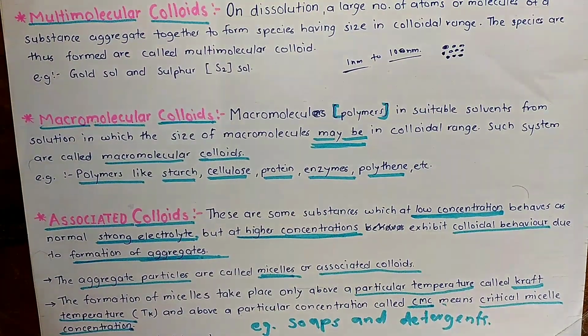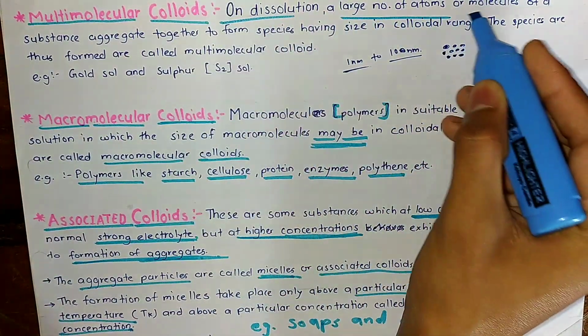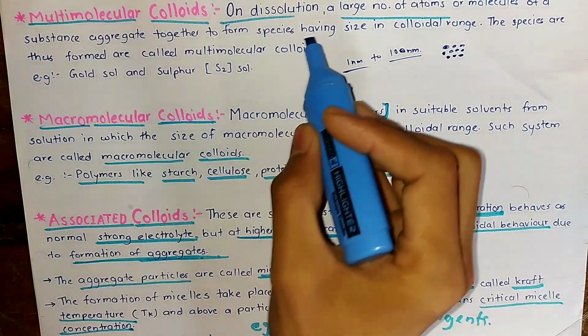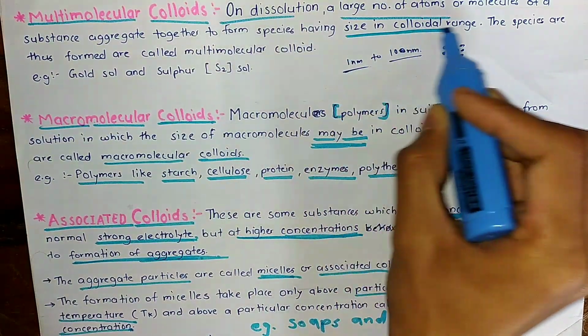We will now revise. What is multimolecular colloids? In these solutions, a large number of atoms or molecules of a substance aggregate together to form species having size in the colloidal range.